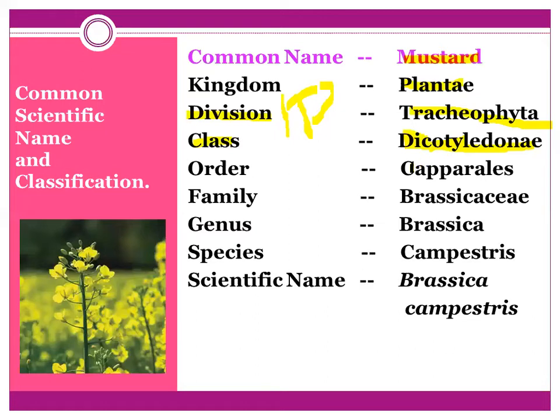Then the order is Capparales, meaning it is a flowering plant. Then the family of the mustard plant is Brassicaceae.